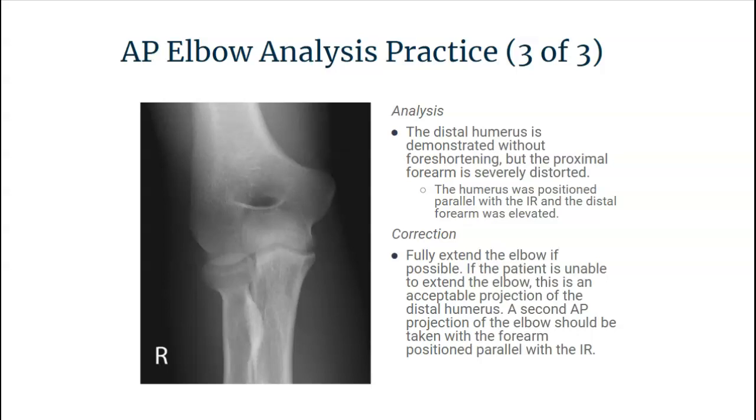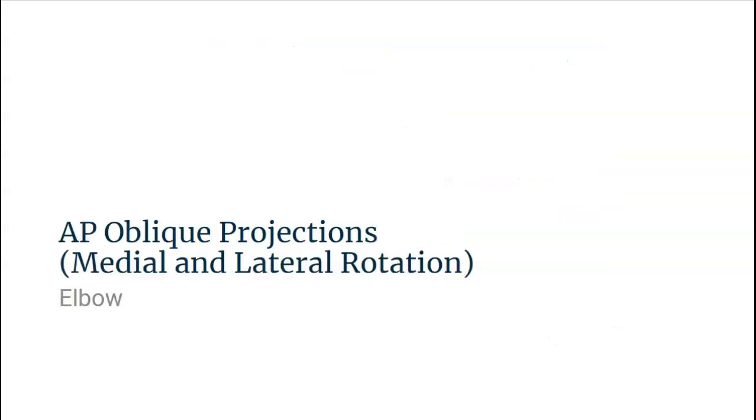However, a second AP projection of the elbow should be taken with the forearm position parallel with the IR. So let's move on to our AP oblique projections, a medial and lateral rotation.